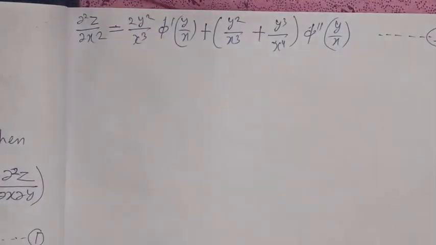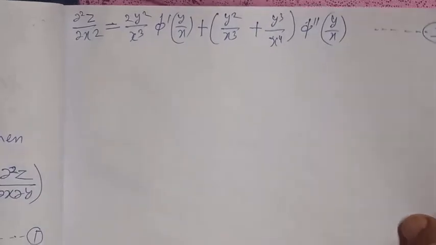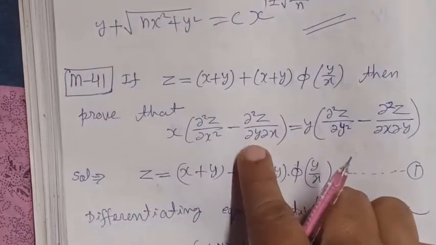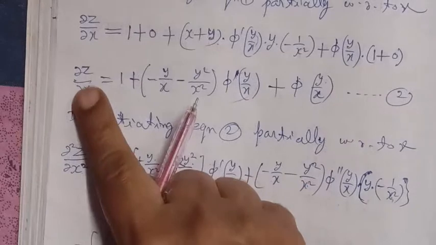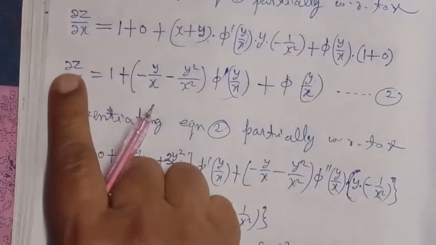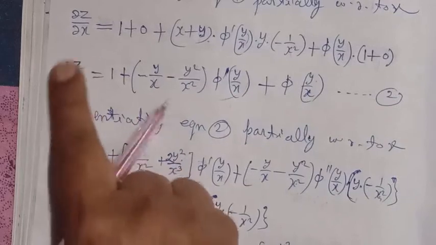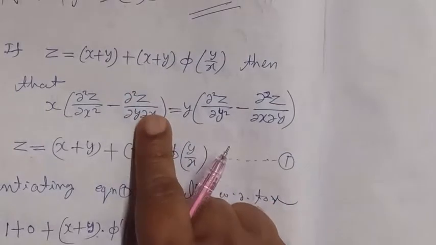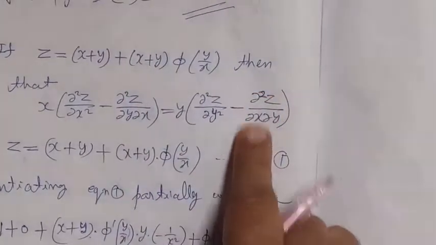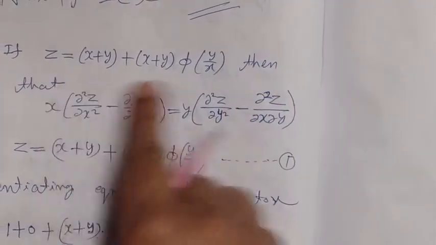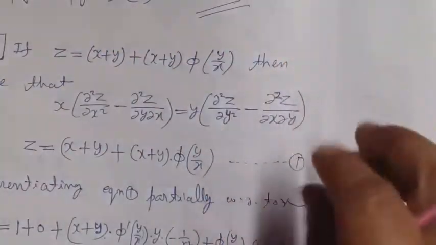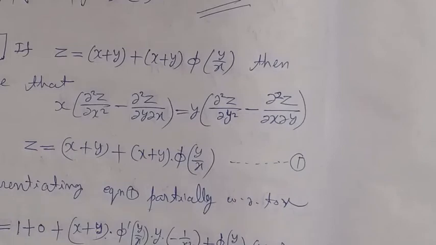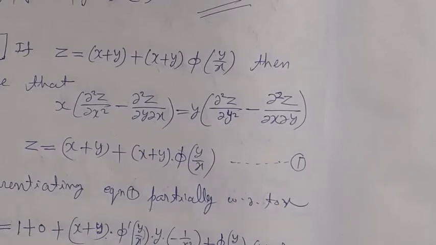Now we have to find the second derivative of z with respect to y and x. So we must differentiate equation 2, because in equation 2 we have del z over del x. When we differentiate it partially with respect to y, we will get del 2 z over del y del x, which will equal this, because here z is a continuous function, which is not necessary to show at this level, meaning BSc level, graduation level.